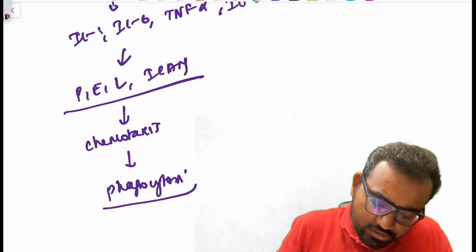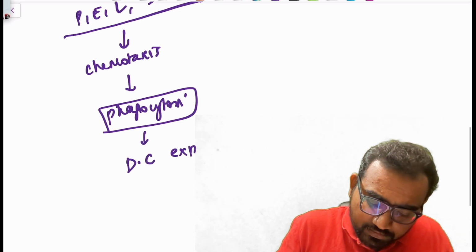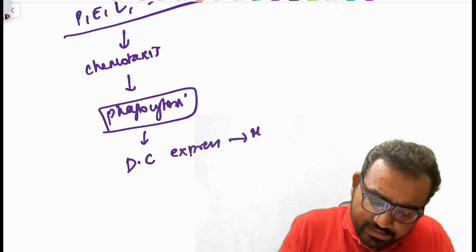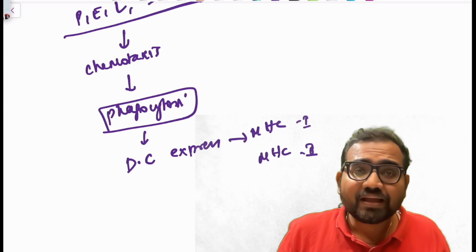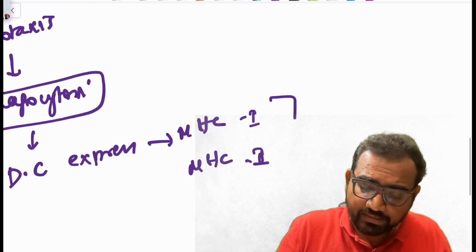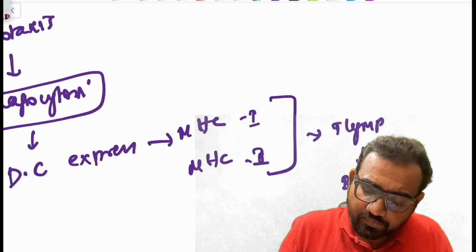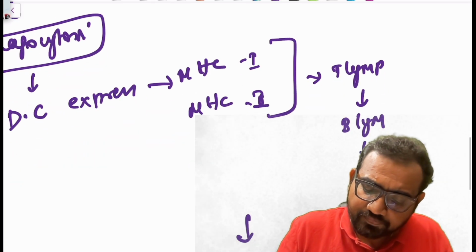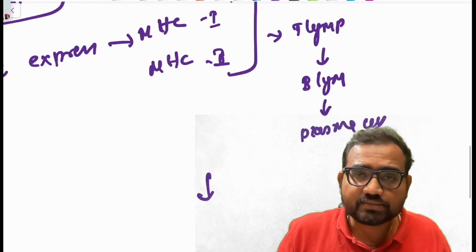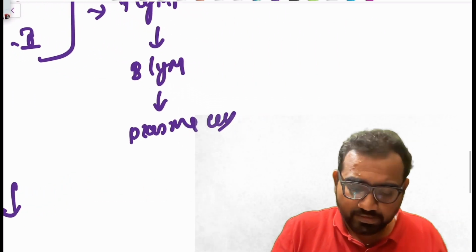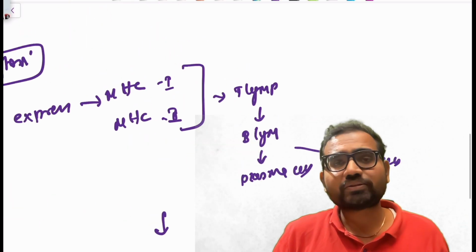Once phagocytosed, the dendritic cells express these antigens via MHC1 and MHC2, and this is taken up by the T lymphocyte. That is going to result in activation of B lymphocyte, which results in plasma cells and antibody, and forms memory cells. So this is what we have talked about in the last video.